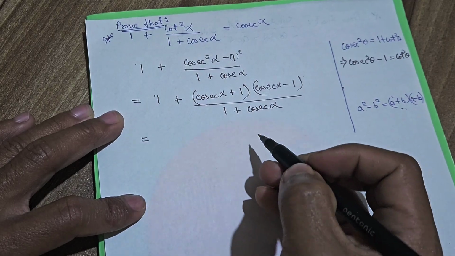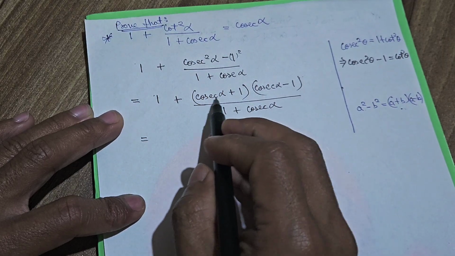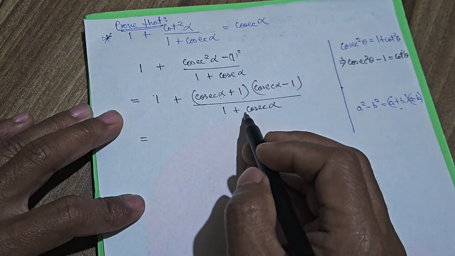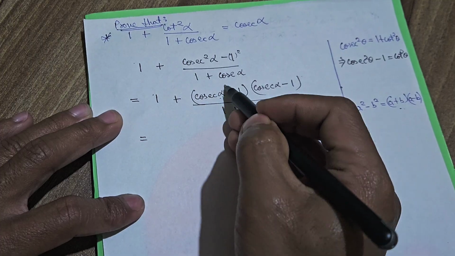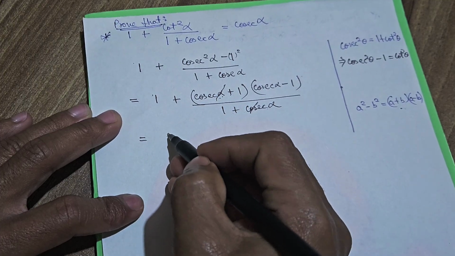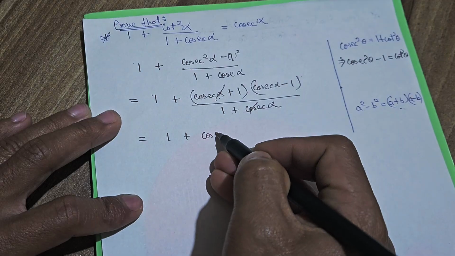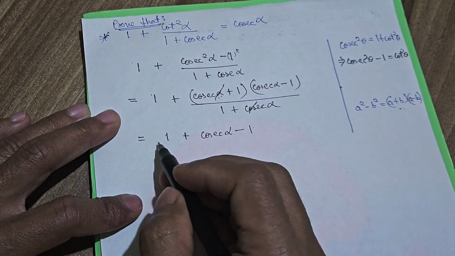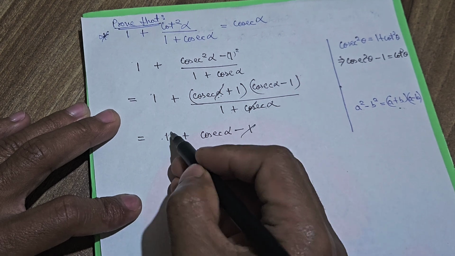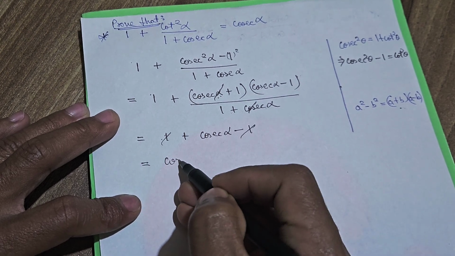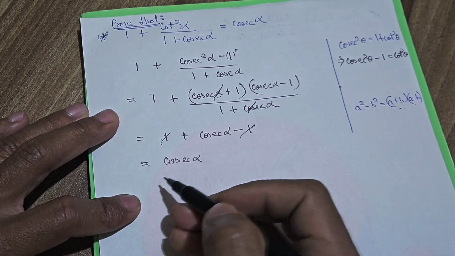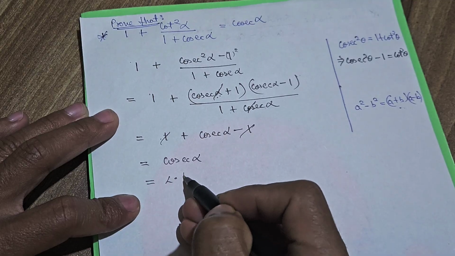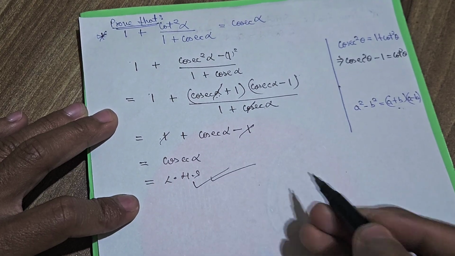The next step, as you can see, cosec alpha plus 1 and 1 plus cosec alpha are the same, so we can cancel these two. What is left? Cosec alpha minus 1 is left. Then plus 1 minus 1 cancel. What is remaining? Cosec alpha, which is equal to the right hand side. Proved.